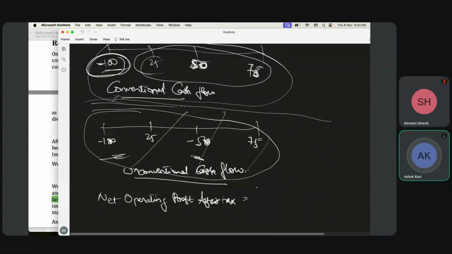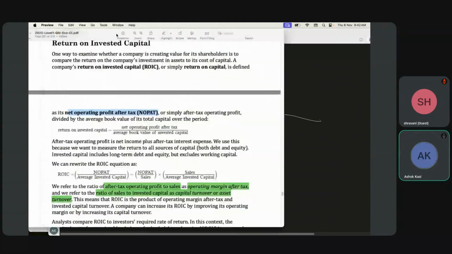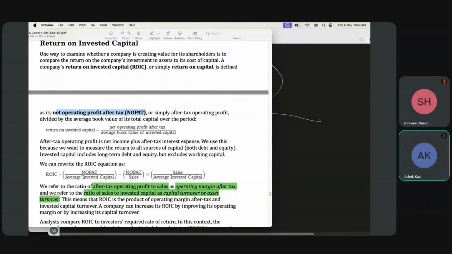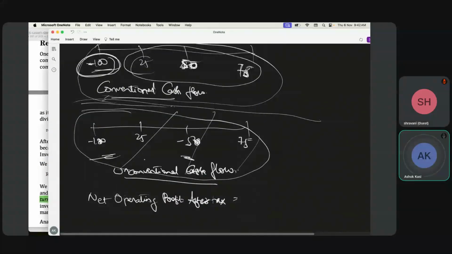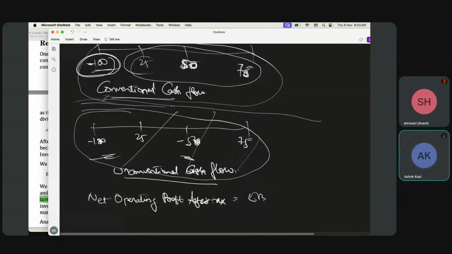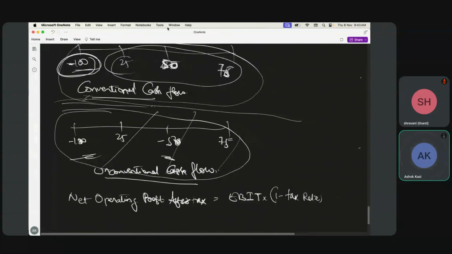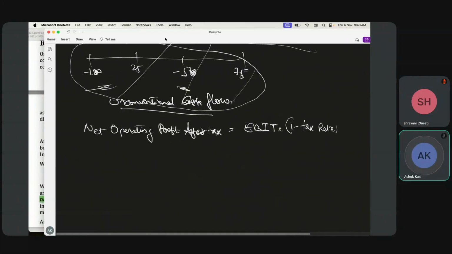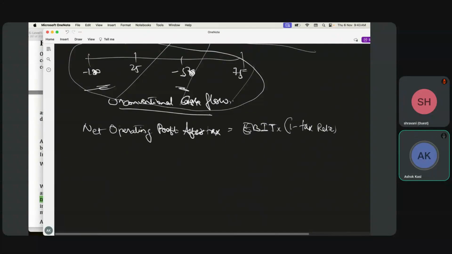The formula: NOPAT is equal to EBIT into 1 minus tax rate.